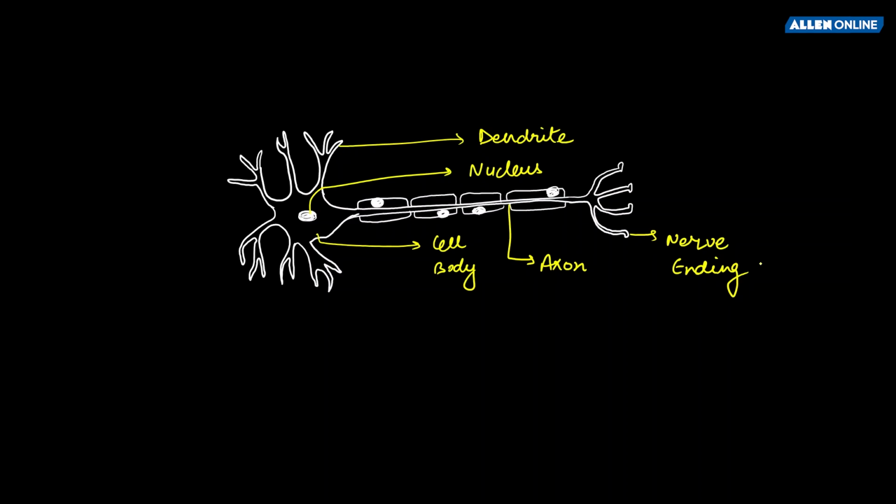Okay, so this is how we are going to draw the diagram of the neuron, the structure of neuron, and then you can just write it at the bottom. Okay, so hope you have understood how to draw this.